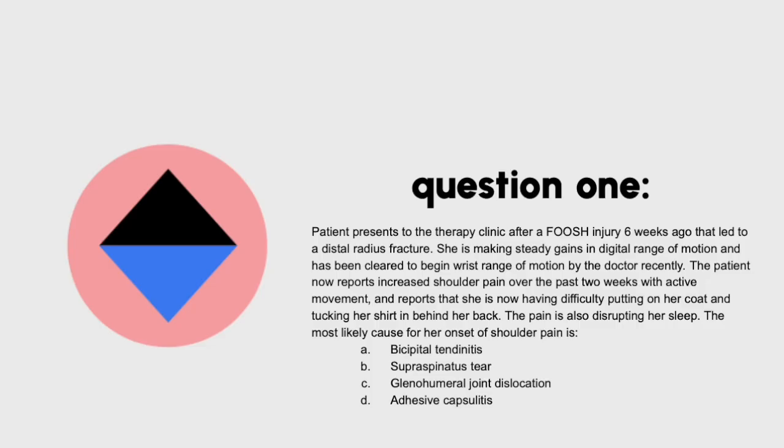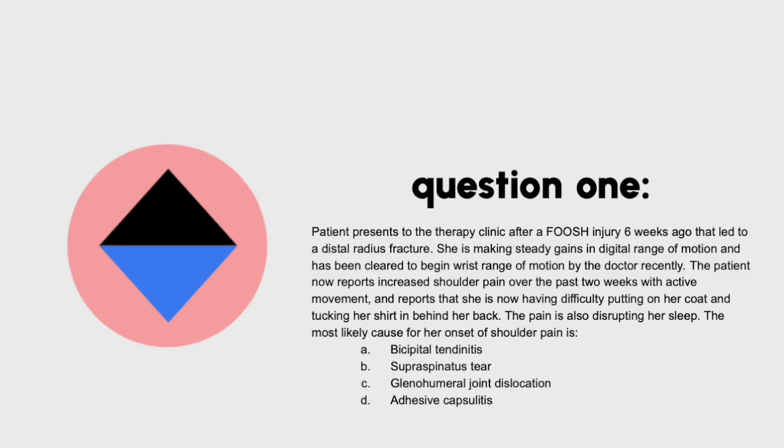Question 1. A patient presents to the therapy clinic after a FOOSH injury 6 weeks ago that led to a distal radius fracture. She's making steady gains in digital range of motion and has been cleared to begin wrist range of motion by the doctor recently. The patient now reports increased shoulder pain over the past 2 weeks with active movement and reports that she is now having difficulty putting on her coat and tucking her shirt in behind her back.